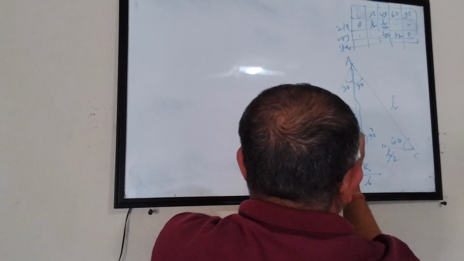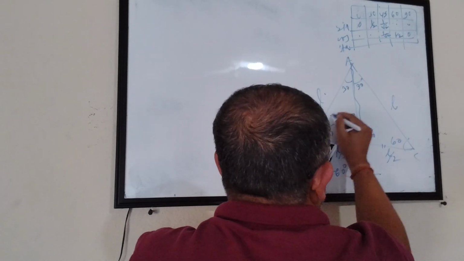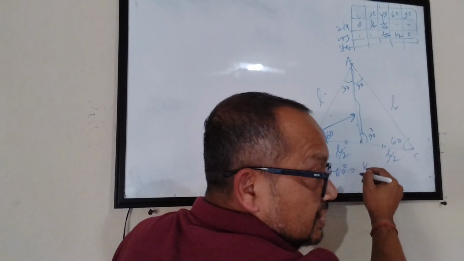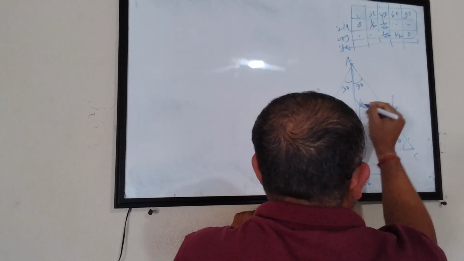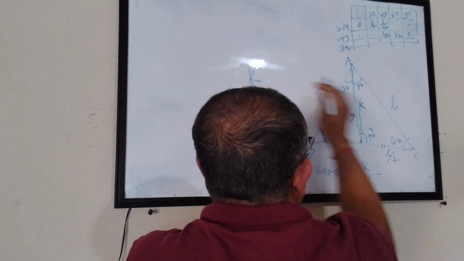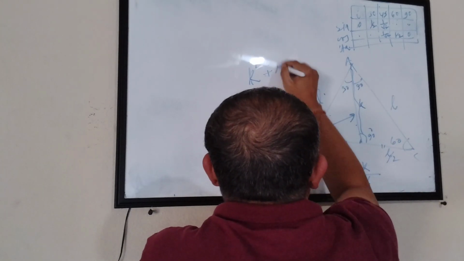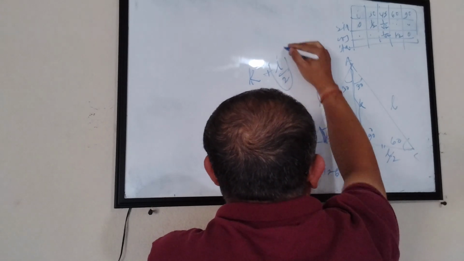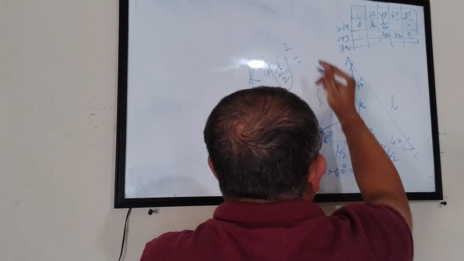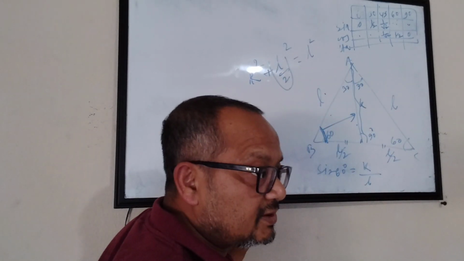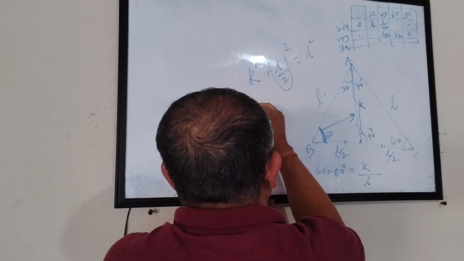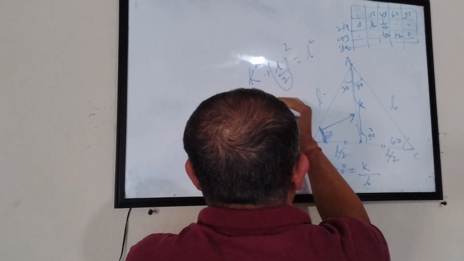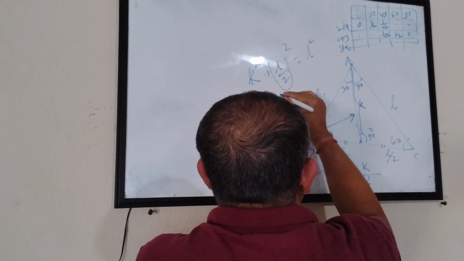Now we can find out the length K. Look at this right angle triangle. Here again the Pythagorean theorem will apply. Meaning, if this is K, then K squared plus L by 2 squared equals L squared. That means K squared equals L squared minus L by 2 squared, which is L squared by 4.